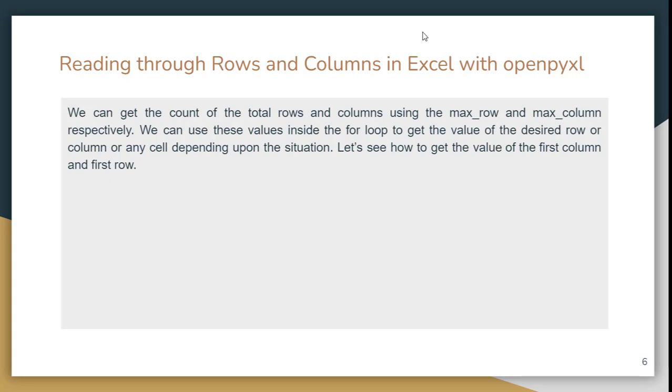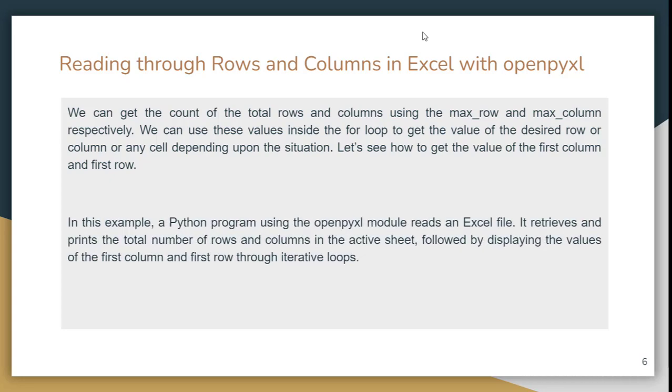Let's see how to get the value of the first column and first row. In this example, a Python program using the OpenPyXL module reads an Excel file. It retrieves and prints the total number of rows and columns in the active sheet, followed by displaying the values of the first column and first row through iterative loops.